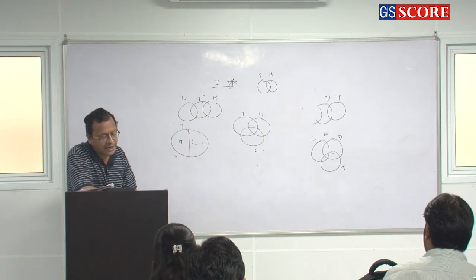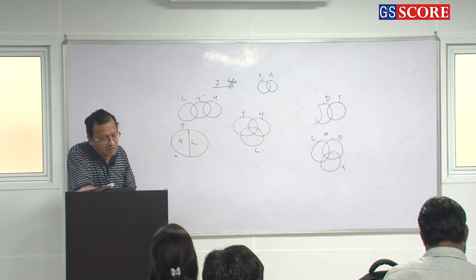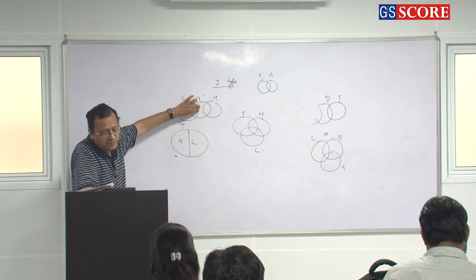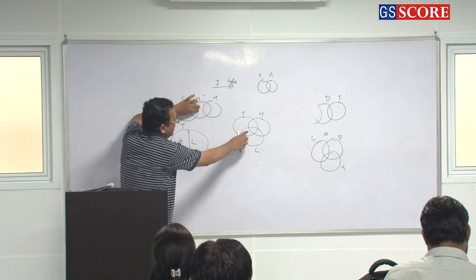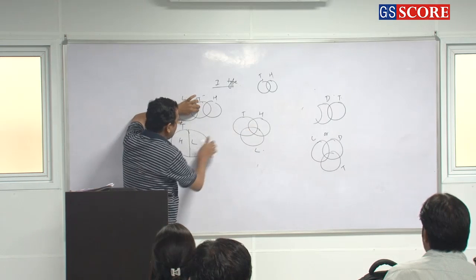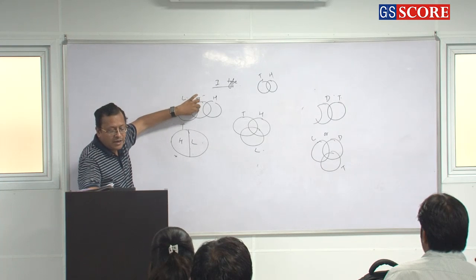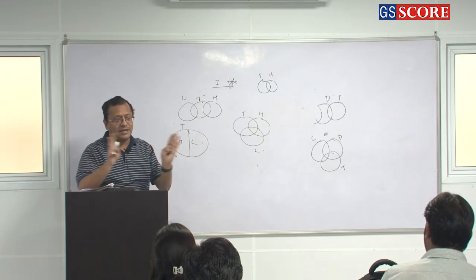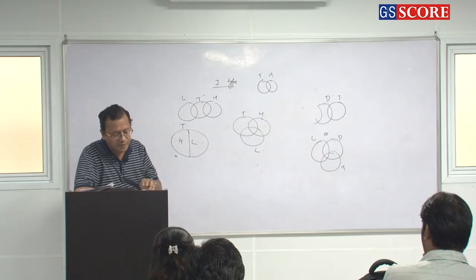Second one, 2 and 3. Some taxis have neither horn nor light, and some taxis have horns as well as lights. But what about this one? 2 and 3 alone cannot make the universe. So option B is gone.